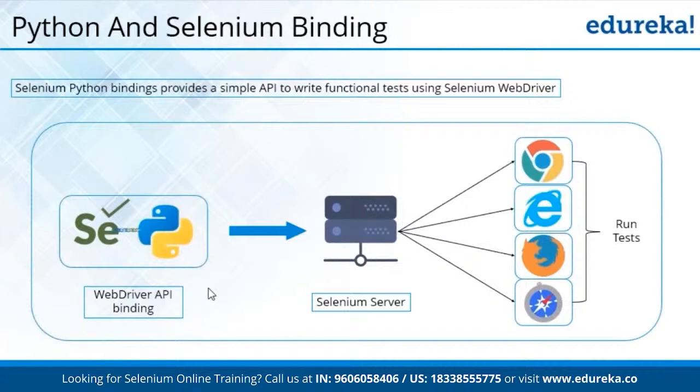So as per your script, it will perform the operation on the browser. Python helps you to write the script. That's where it is used. Selenium helps you to access the web browser and perform some actions that are predefined in the Selenium API.